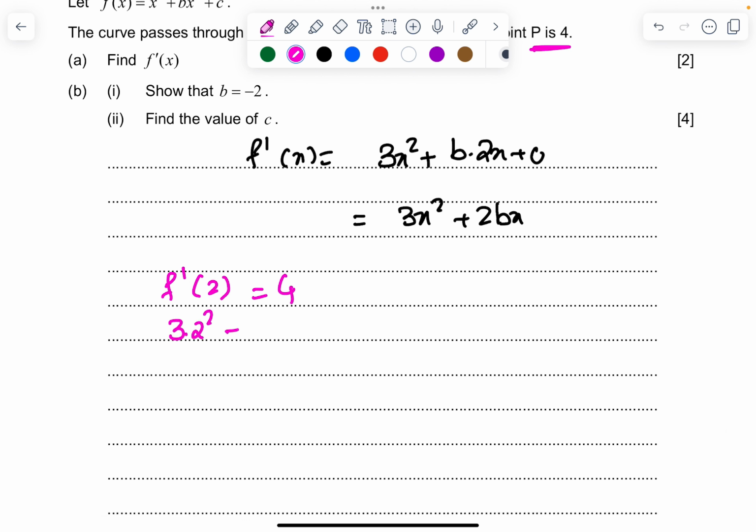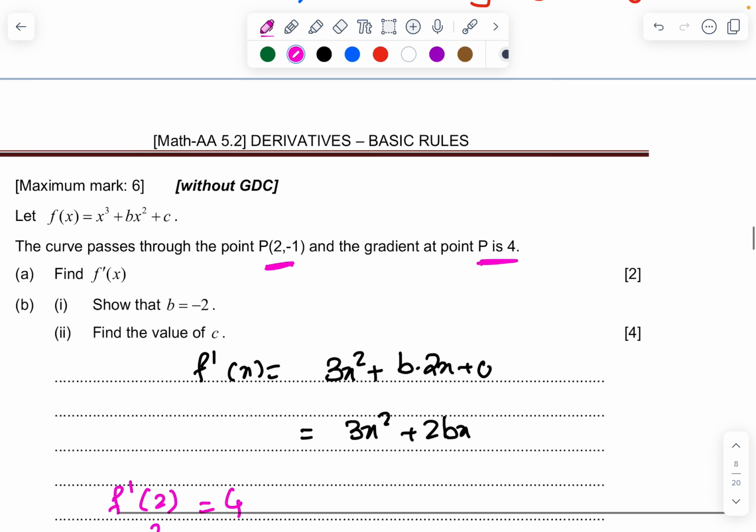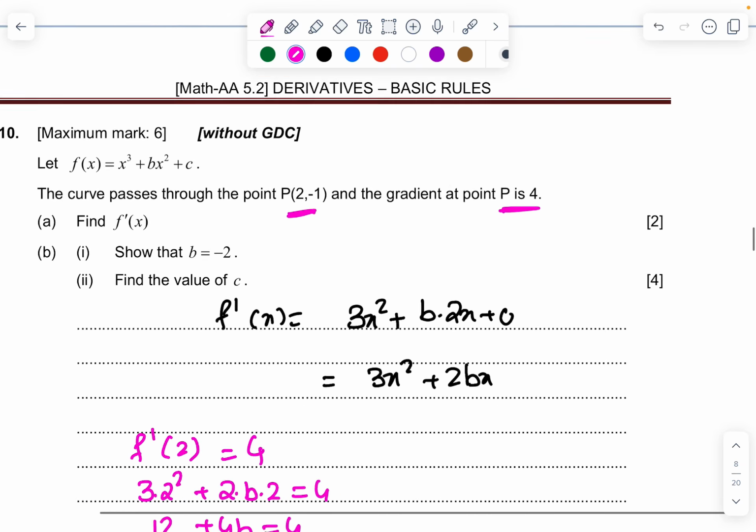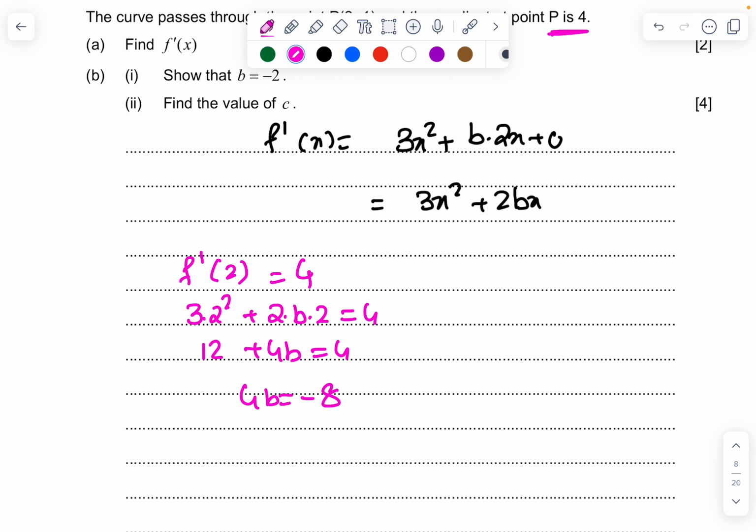So 3 times 2 square plus 2b times 2 should be equal to 4. 12 plus 4b equals 4. 4b equals negative 8. So b equals negative 2.